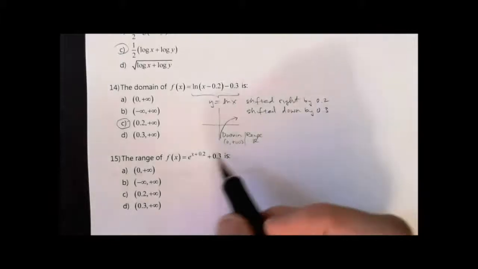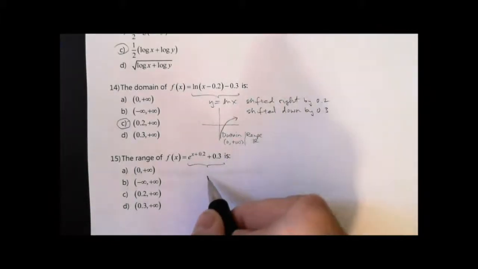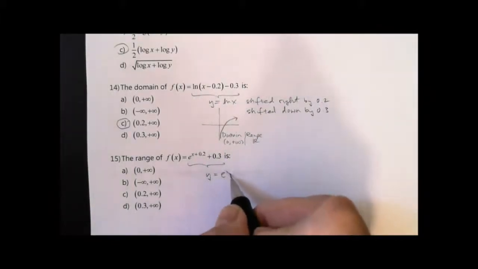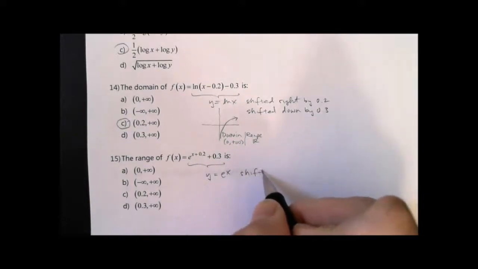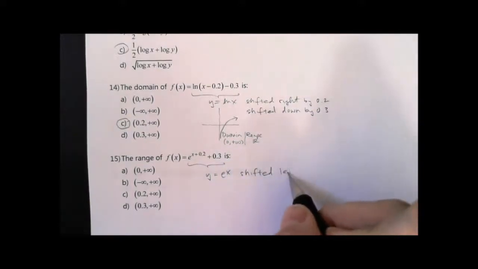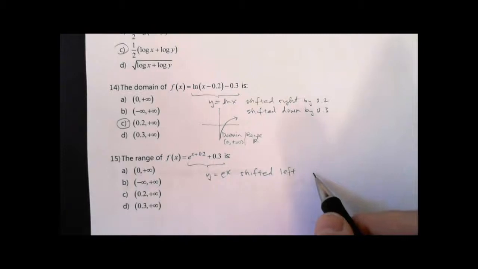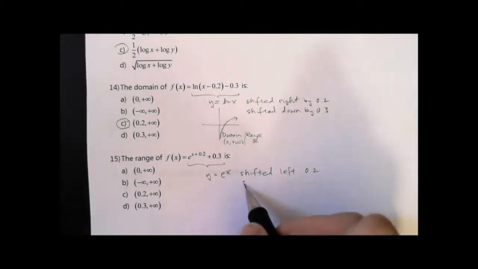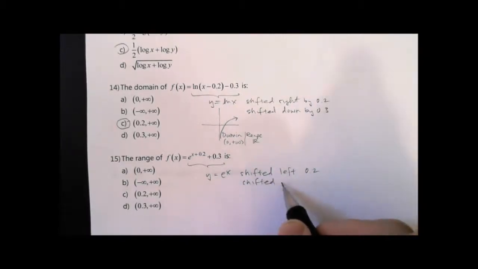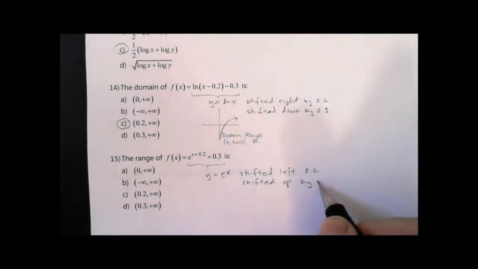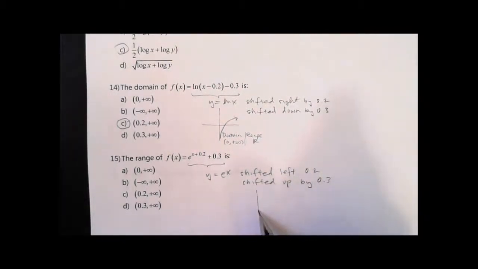Now in this one we have the graph. Again, we can look at this as y equals e to the x that's been shifted left by 0.2 and shifted up by 0.3. So the graph of y equals e to the x looks like this.